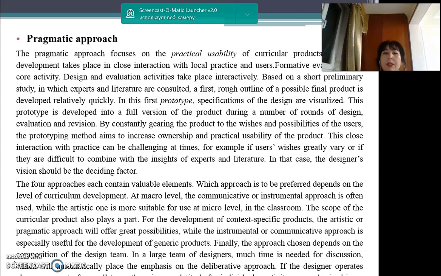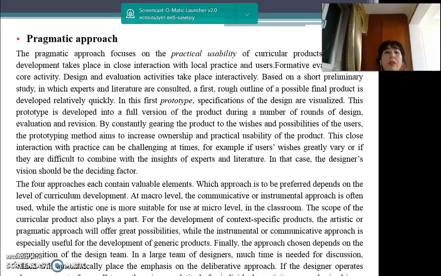This close interaction with practice can be challenging at times, for example, if users' wishes greatly vary or if they are difficult to combine with the insight of experts and literature. In that case, the designer's vision should be the deciding factor.